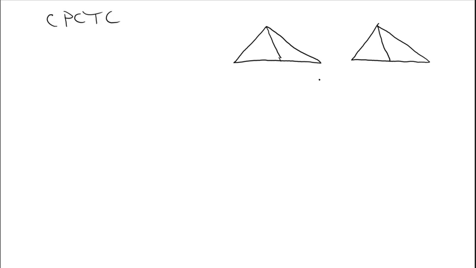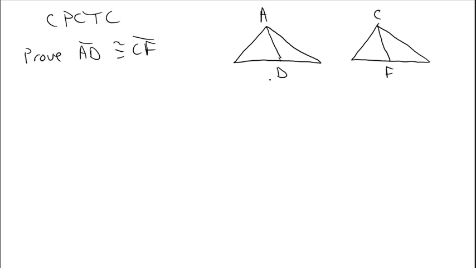So for example, just making up stuff here. Let's have a triangle and then a triangle inside. So we have two small triangles and a big triangle. Let's draw the same kind of picture. The big idea here is, let's say we're trying to show that AD is congruent to CF. So prove AD is congruent to CF.